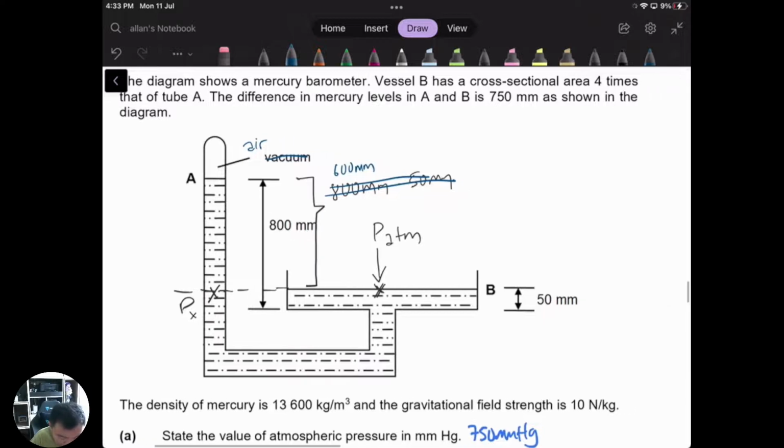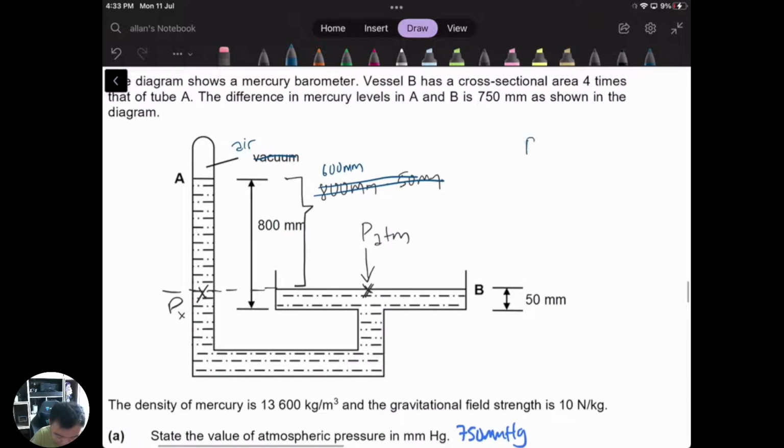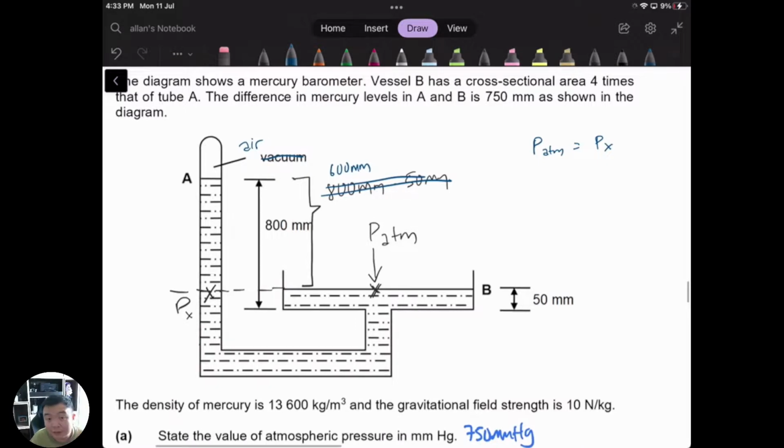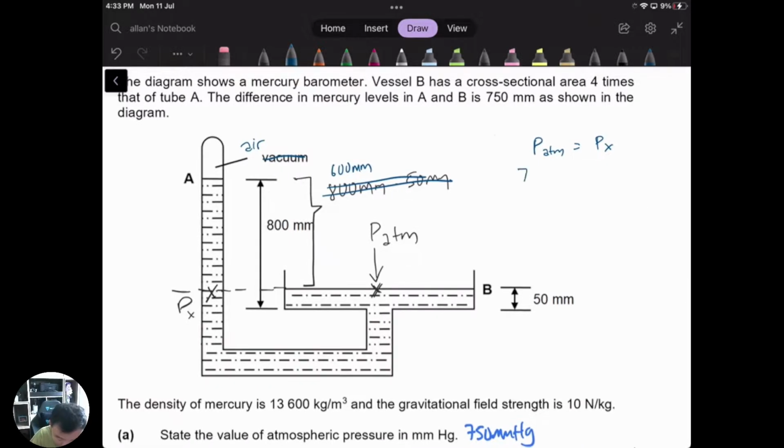So let's use back the same equation. P atmosphere equals to Px. And we know that the pressure of the atmosphere didn't change. So just write down your answer, 750 mm worth of mercury.